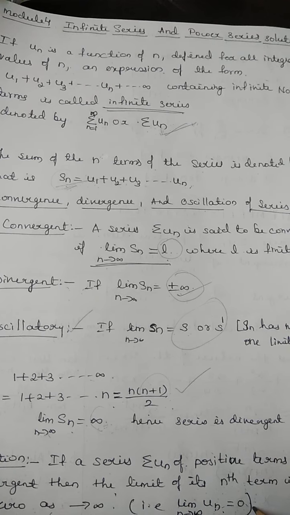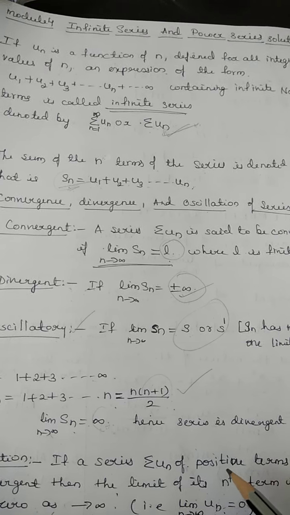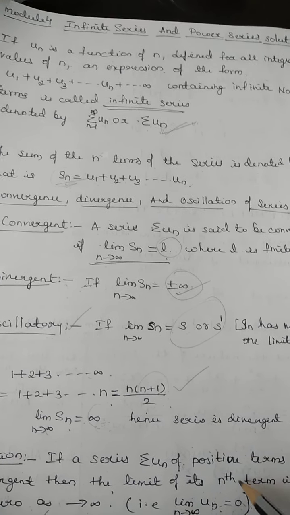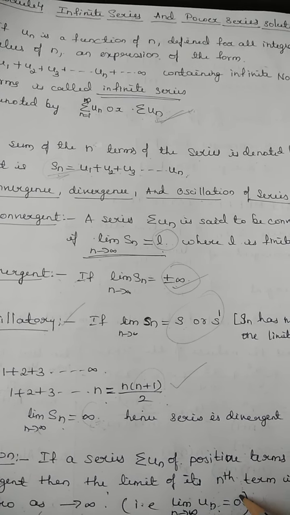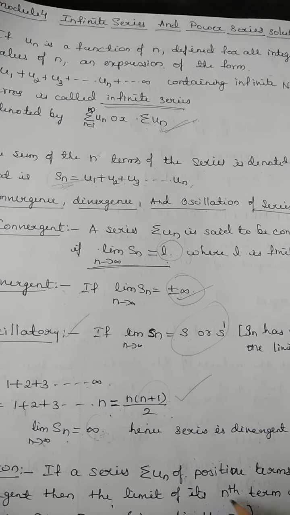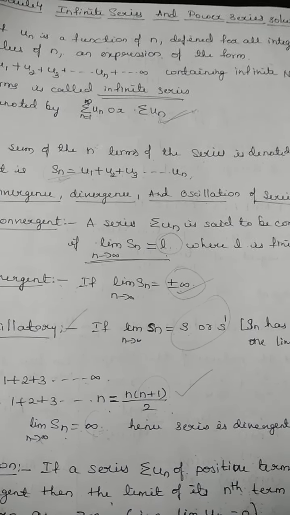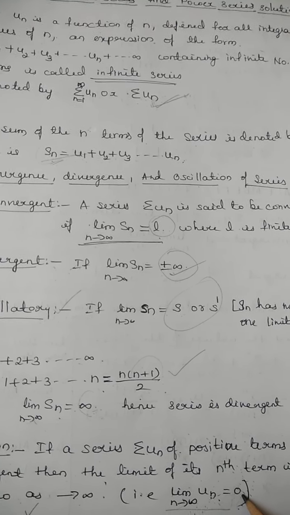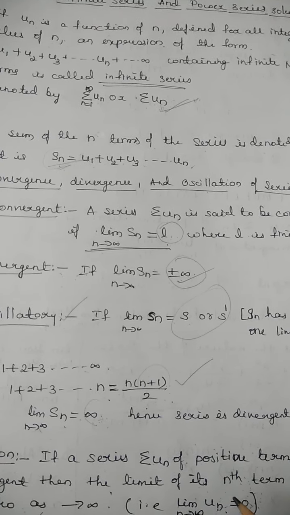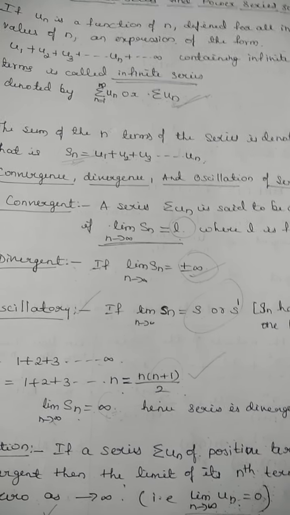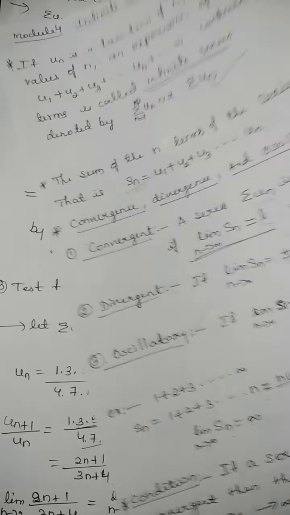The reverse of this: if limit of un as n tends to infinity is equal to 0, then the series may or may not be convergent. This is the first condition.